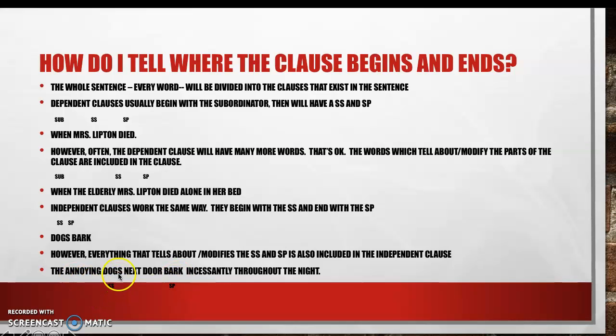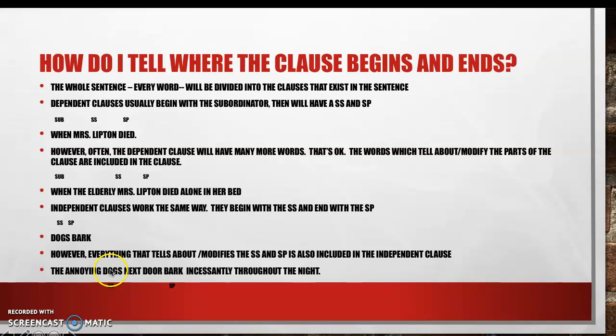All right, so here we've still got dogs and we've still got bark. We've got "The annoying dogs next door bark incessantly throughout the night." All of these extra words also are in the independent clause because they tell about the essential elements of the independent clause, which is dogs and bark. So the and annoying tell about dogs.